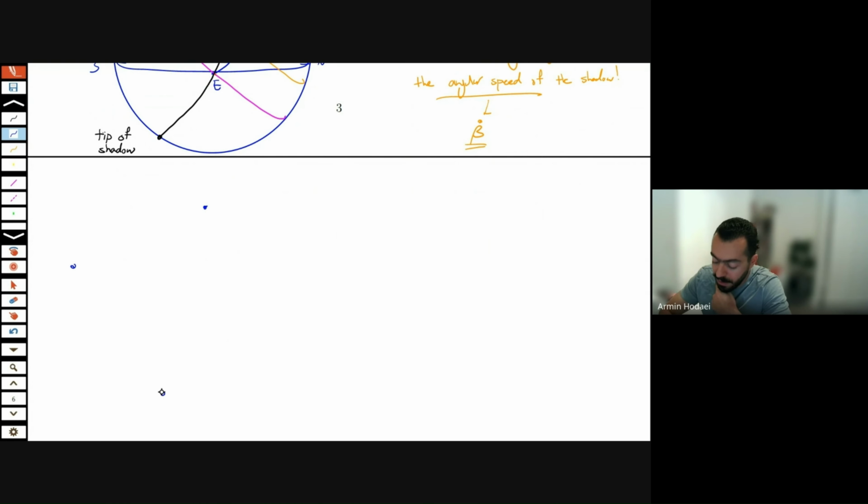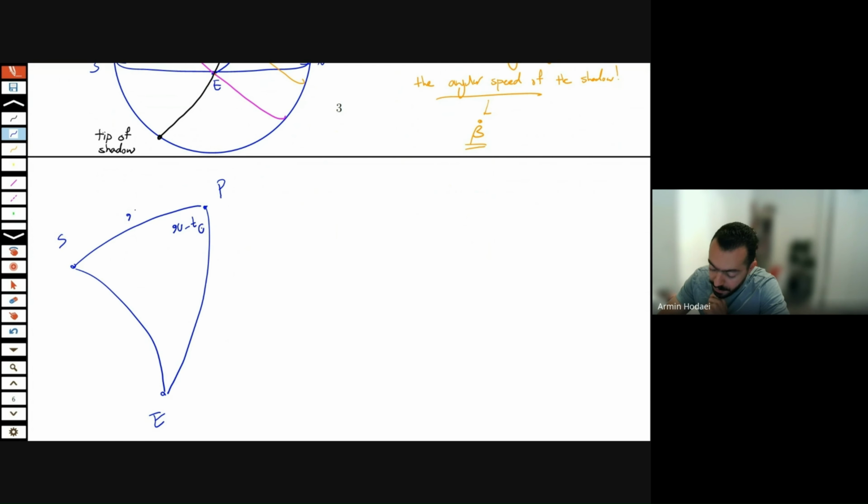P, sun and east, east, P, sun. Right. So here is 90 minus t. Here's 90 minus declination of the sun. Here is 90 degrees. And this is the angle I'm looking for, beta. Cool. This is the sun.